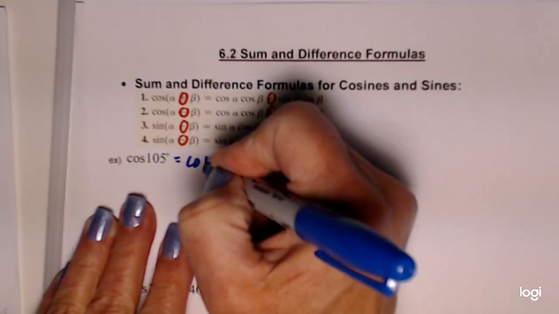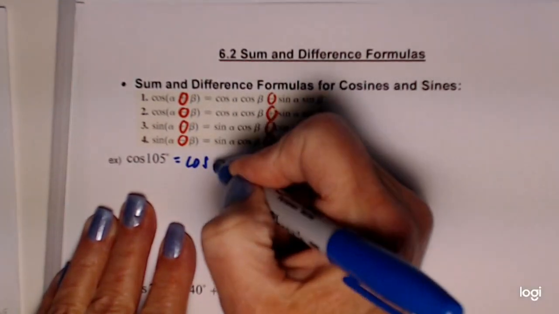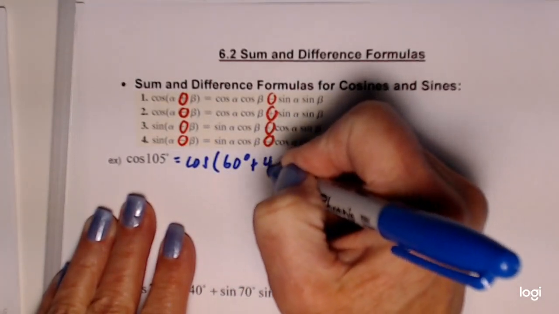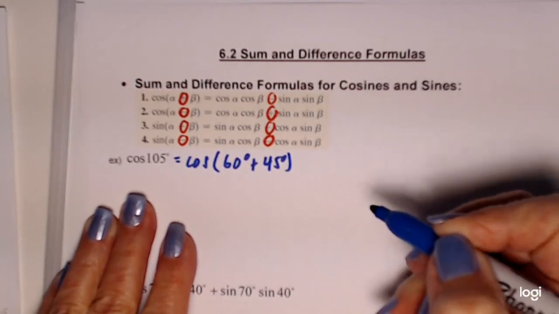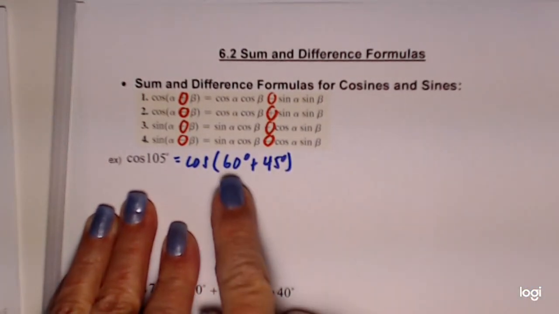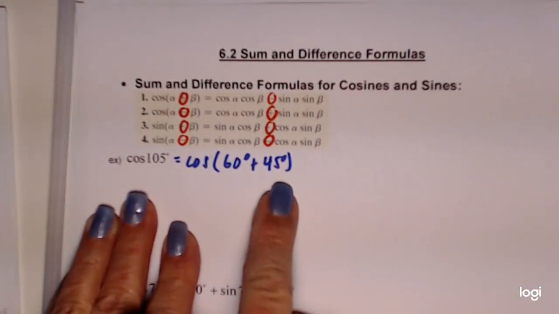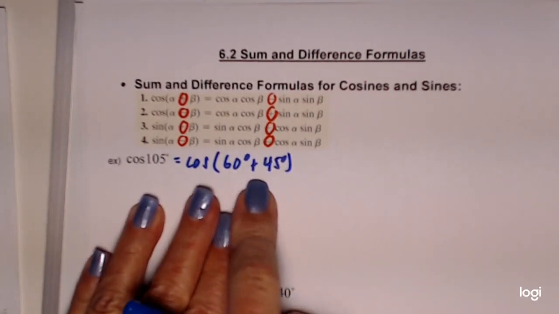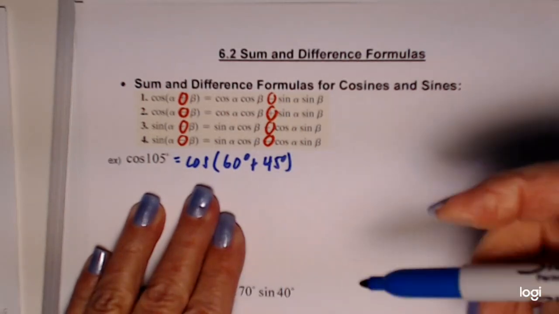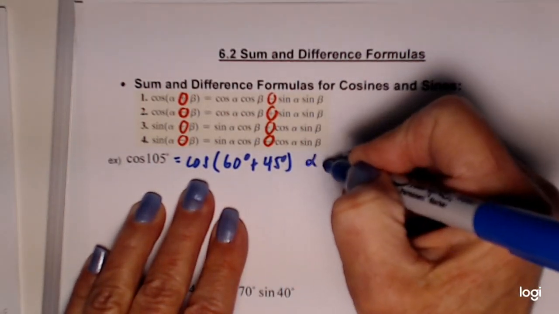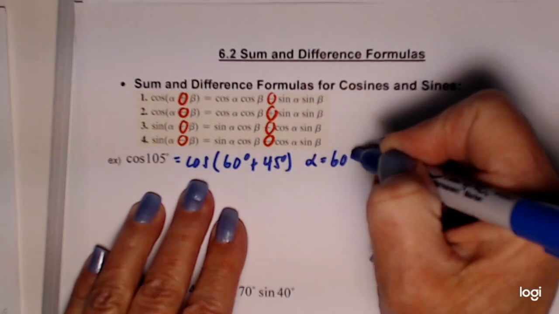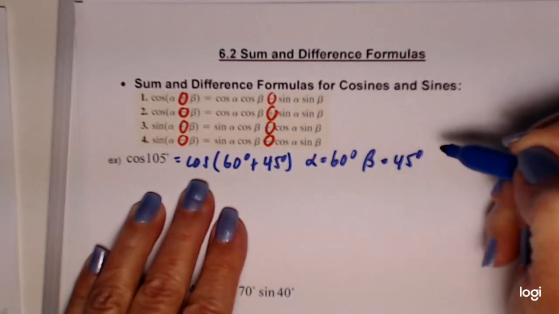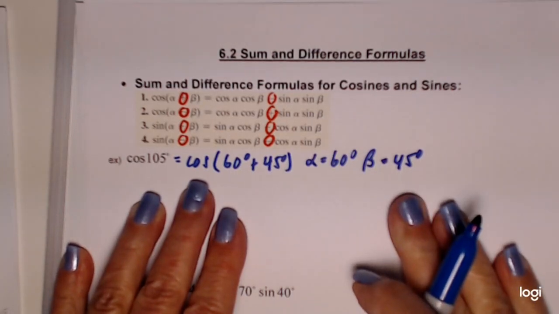So the cosine of 105 degrees can be written as the cosine of 60 degrees plus 45 degrees. Now, in case any of you are wondering, could I have written 45 and 60? Yes, you can. The order doesn't make a difference because it is addition. So here, our alpha, our first angle, is 60 degrees, and our beta is 45 degrees. So we've identified our two angles.